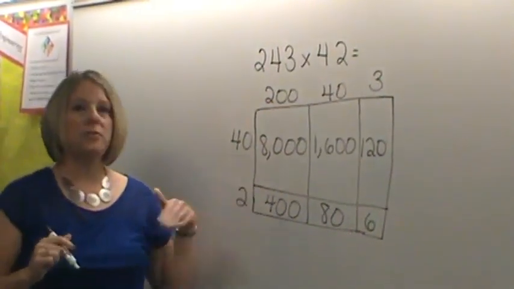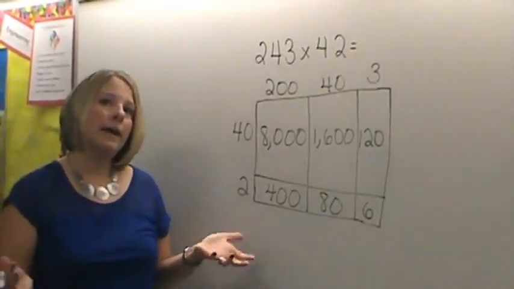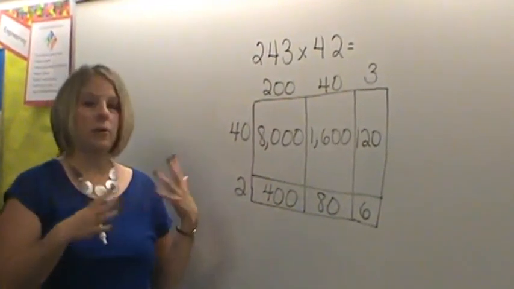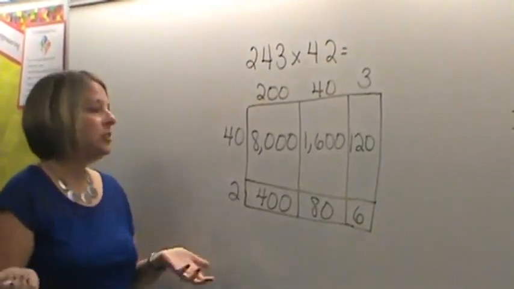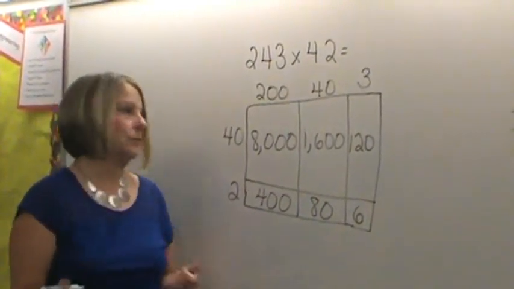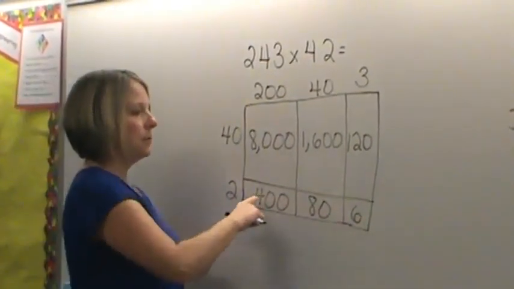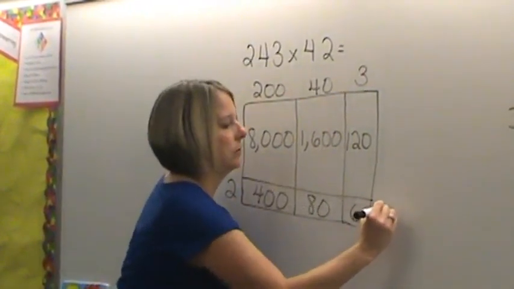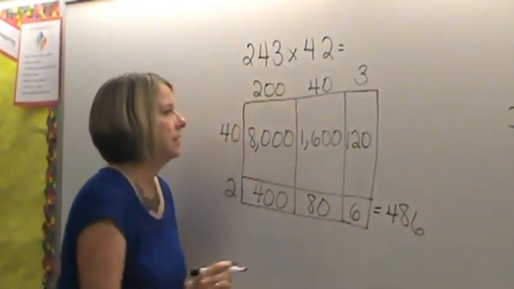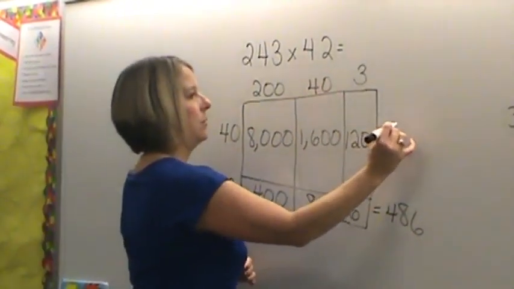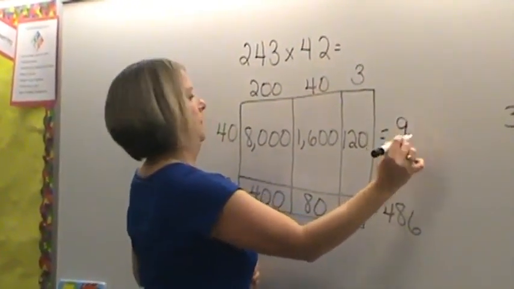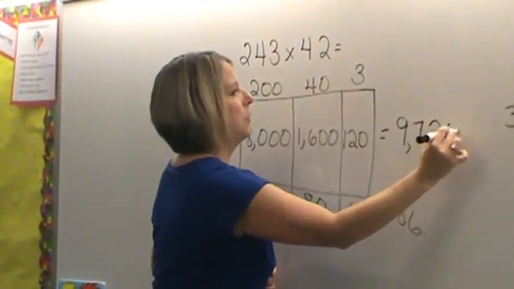Now at this point, the students can decide how they want to add all of those pieces together in order to get their final product. And that will depend on each child individually with what they feel comfortable with. Some of them might be able to see that this row is 486. Some of them might be able to realize that this row would be 9,720.